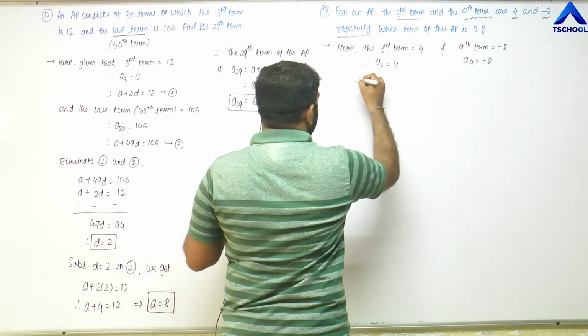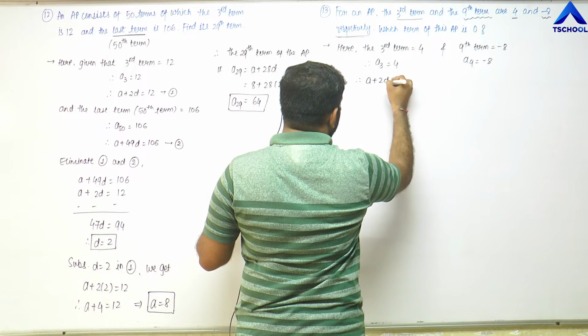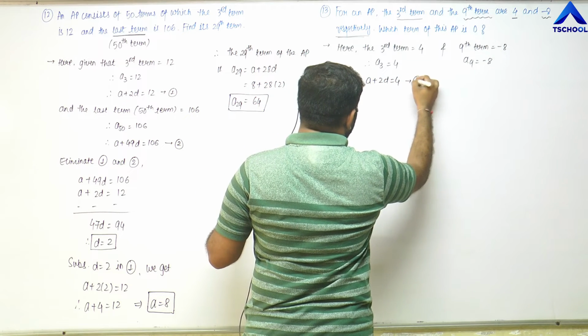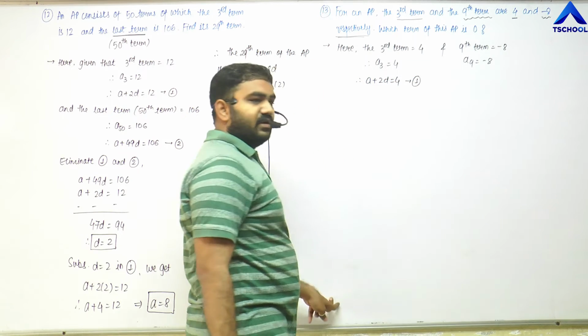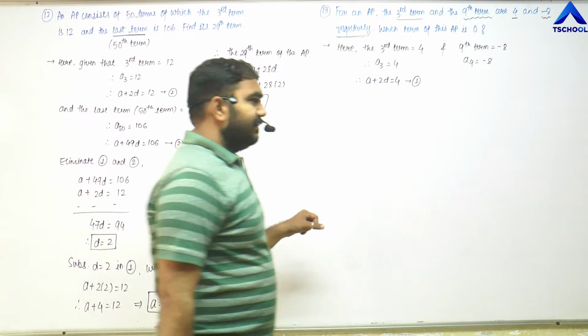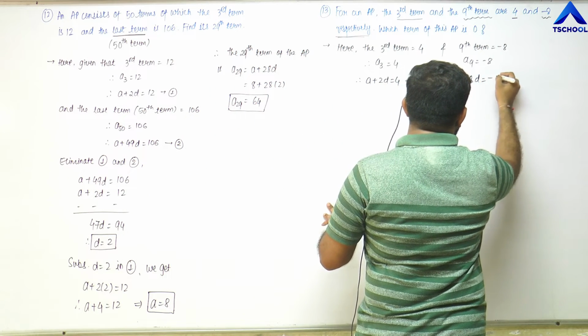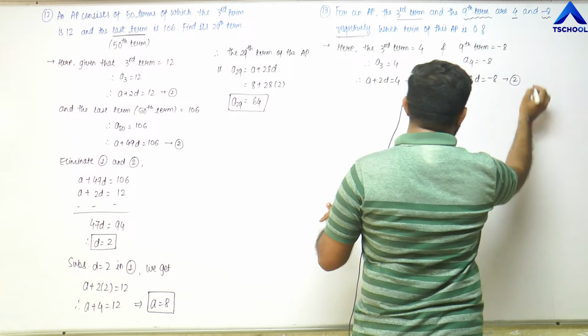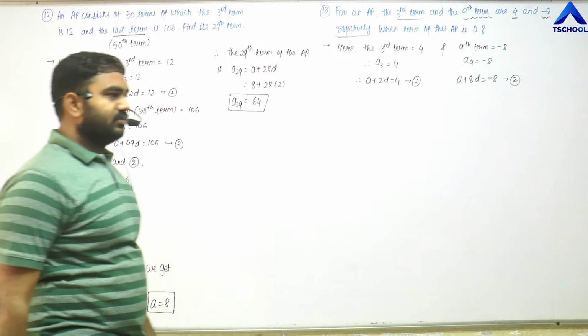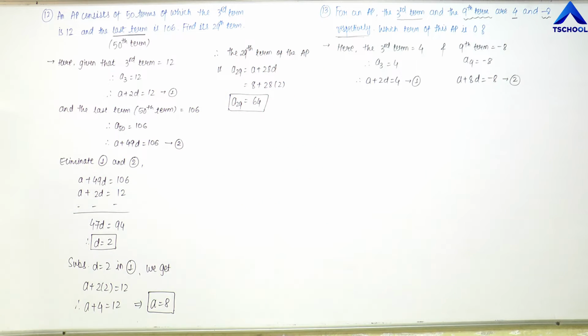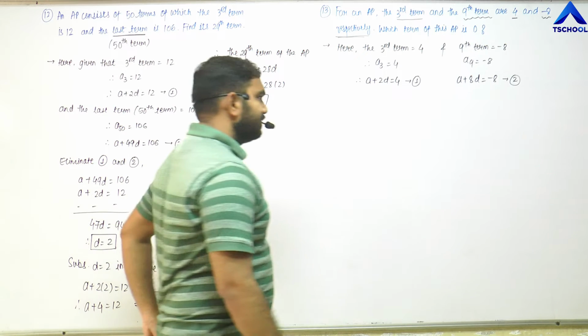A plus 2D, therefore A plus 2D equals to 4, that is my first equation, and A9, that is A plus 8D equals to -8, that is my second equation. So both the equations are here with us now. So we can eliminate them to solve both.